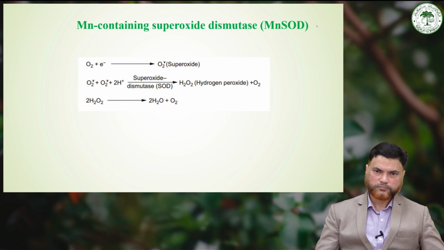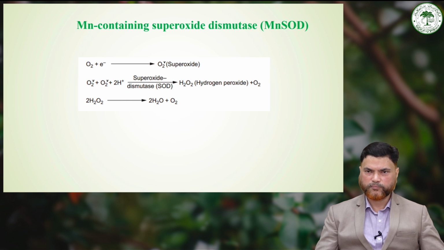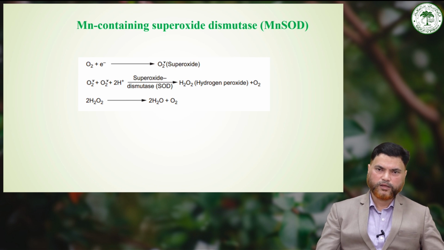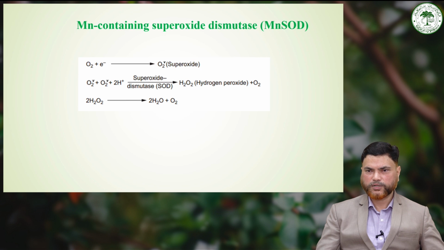Now, this is one example where manganese is playing a role as a constituent of manganese SOD, manganese superoxide dismutase. Superoxide dismutases are present in all aerobic organisms and play a very essential role in their survival in the presence of oxygen.